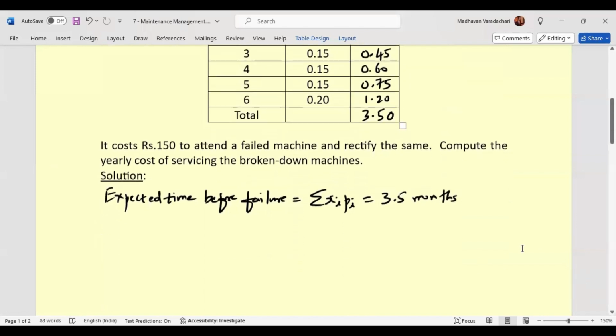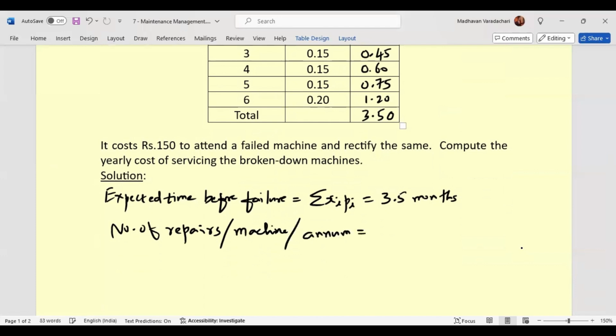Now we will find out the number of repairs per machine per annum.